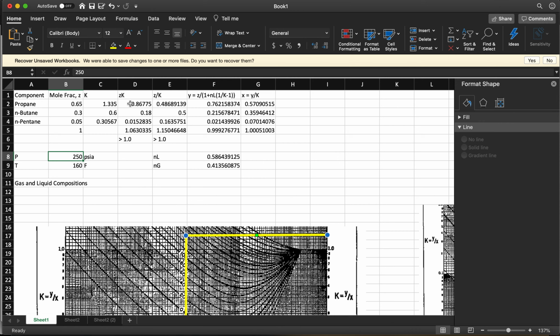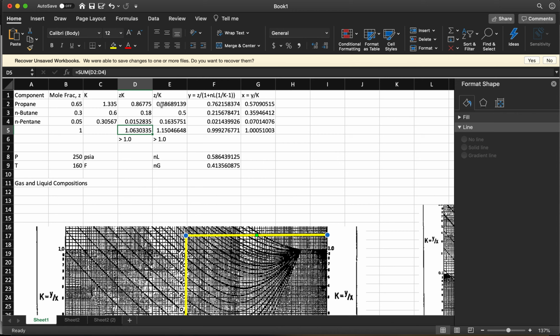So the next thing you want to do is Z times K. Create a formula that multiplies Z times K for each value and copy those down. The sum should be greater than 1 if you are going to have some kind of mixture. If it's less than 1, go back and read the book.